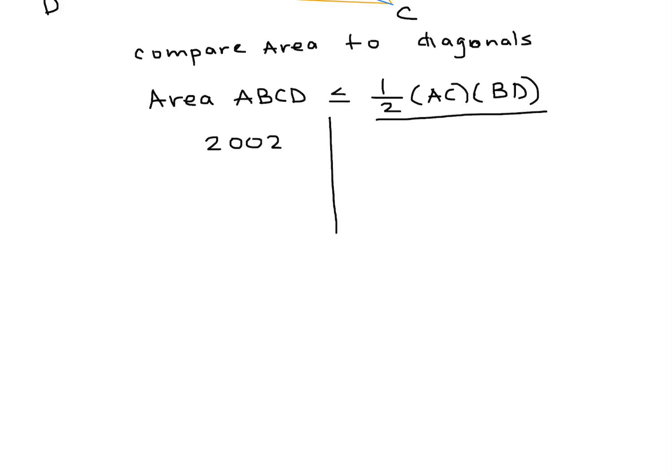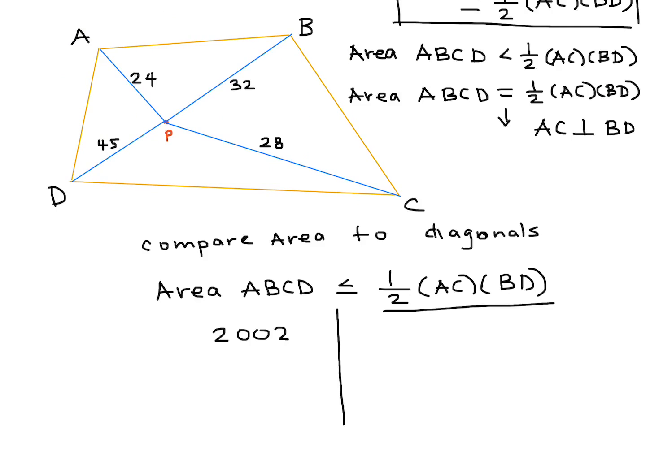But we do know that AC, for example, is a straight line from A to C, right? So therefore, AC must be less than or equal to AP plus PC. Correct?